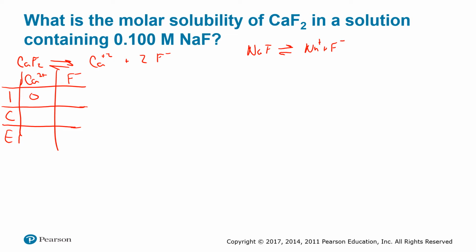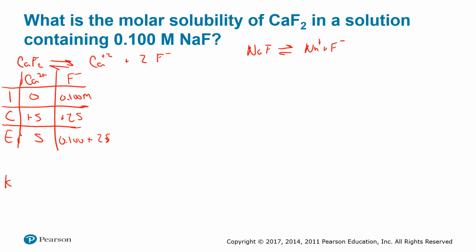So there's 0.1 molar fluoride already in the solution. The change for the calcium is going to be plus S, and the change for the fluoride is going to be plus 2S. And so at equilibrium, the calcium's concentration will be S, and the fluoride's concentration will be 0.100 plus 2S.